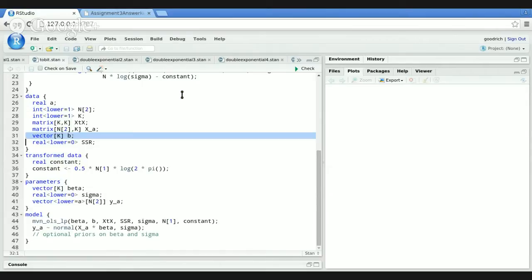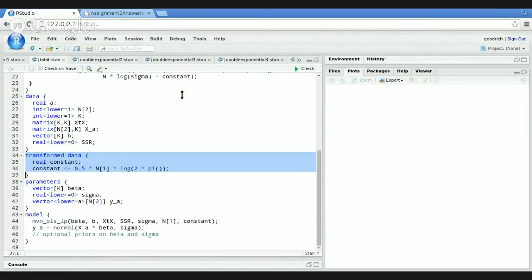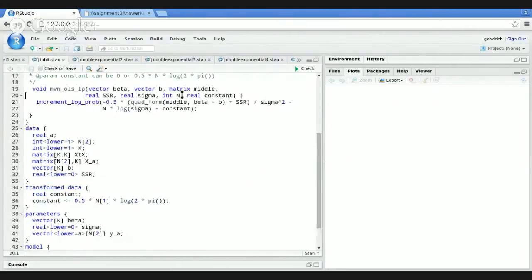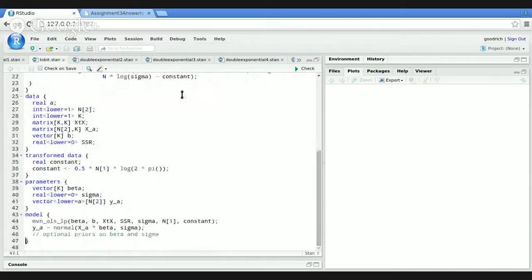We have our least squares coefficient vector and our least squares sum of squared residuals. Just to illustrate how to use the transformed data block, I calculated that constant. If we only have to calculate it once, I might as well pass it into my function.